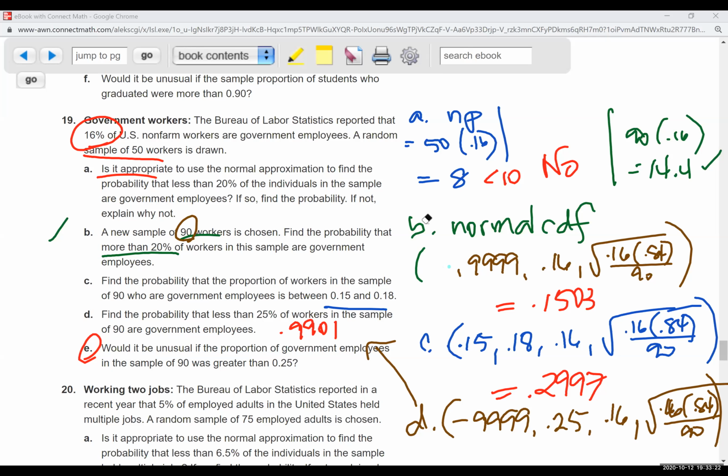So this is just like letter B. Greater than 0.25, 9999, 0.16, and the square root of 0.16 times 0.84 over 90. And your answer, 0.0099. And it is less than 0.05, so it is a yes.